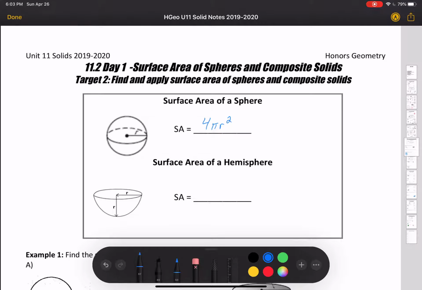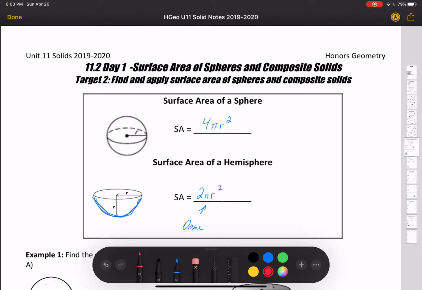If you'll notice, the surface area of a hemisphere is broken up into two parts. It's the dome part, which is down here. That's if you cut a sphere in half, so that's 2 pi r squared. That represents the dome.